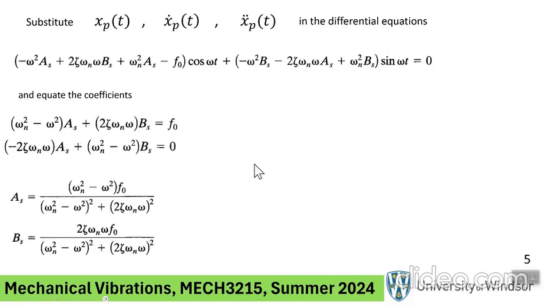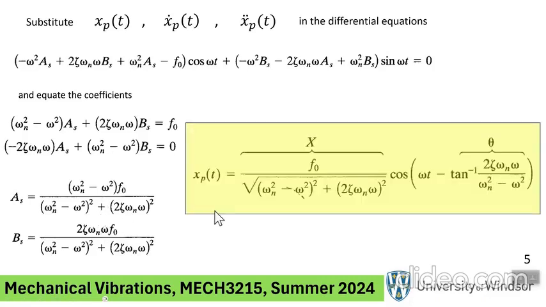There we are. This is nothing advanced, just two equations, two unknowns. Work it out, you get this. And of course, big X was the square root of As squared plus Bs squared. After some elementary algebra, you get big X equal to this.